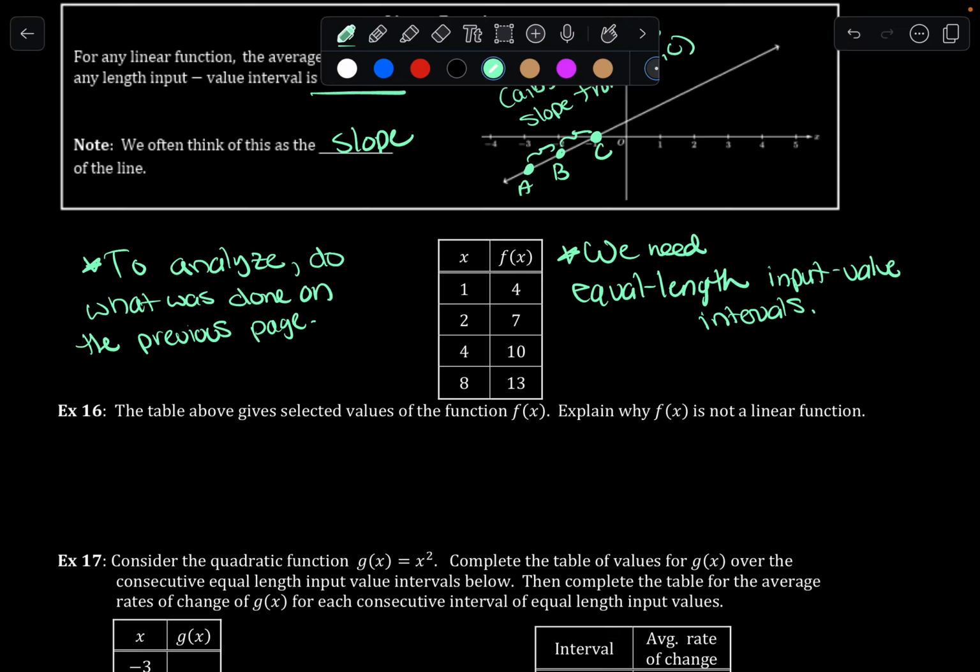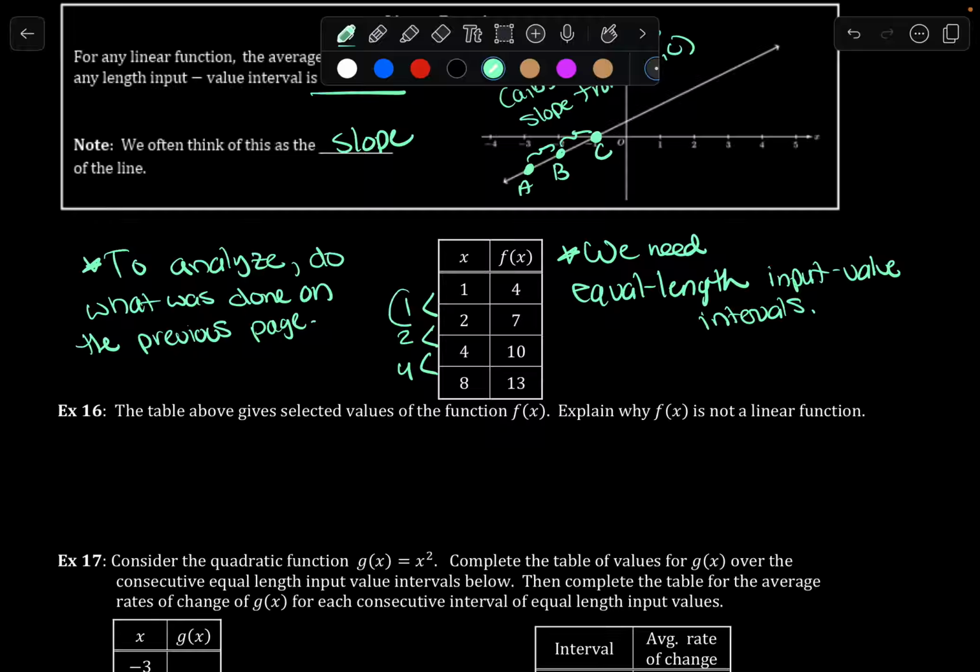Okay, equal length input value intervals. So the first question is check the left. Are these input values spaced out equally? From 1 to 2 we have 1, from 2 to 4 we have 2, from 4 to 8 we have 4. If the answer is no, you're going to have to use the average rate of change.